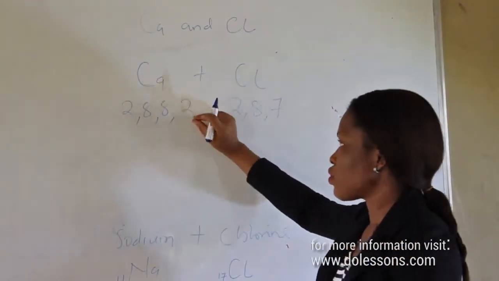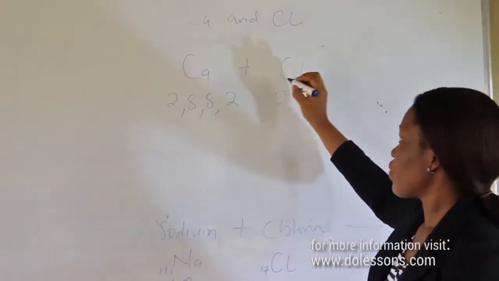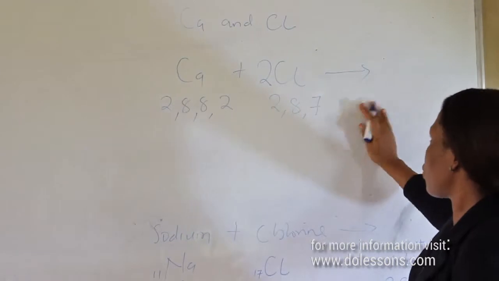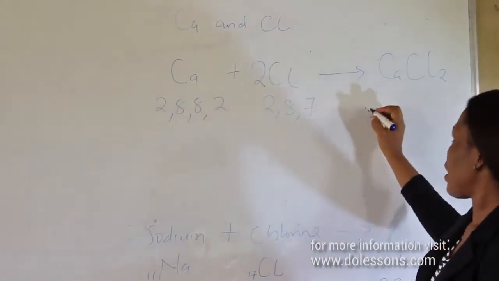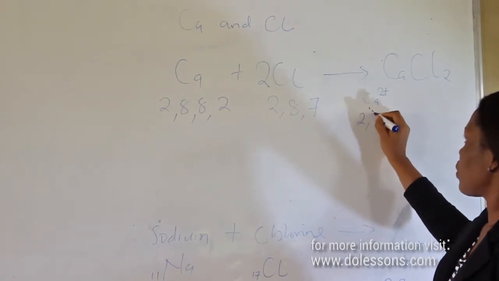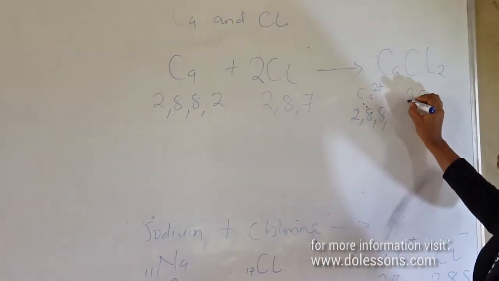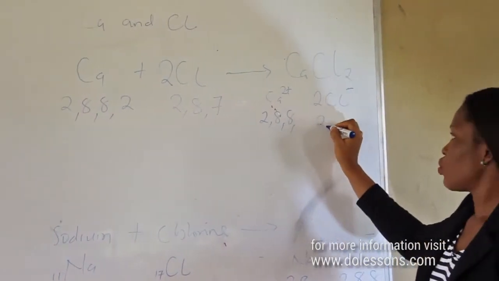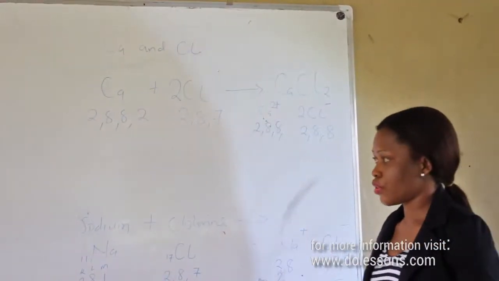Now, since we have 2 electrons on calcium that need to be transferred to chlorine atoms, we need 2 of the chlorine atoms to accept the electrons, so that at the end of the reaction, you have calcium chloride, with the calcium giving out 2 electrons to be 2, 8, 8, while the 2 chlorine atoms, having accepted 2 electrons, will each be 2, 8, and 8, both of them with octet configuration.